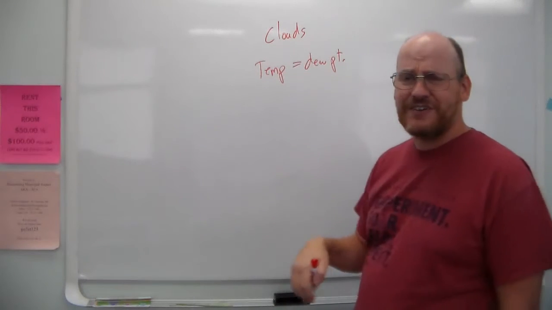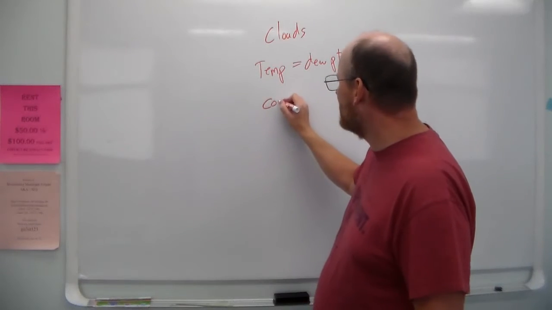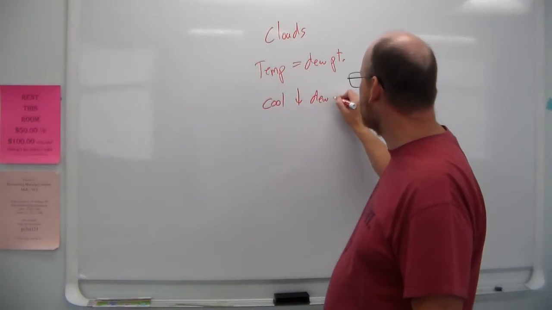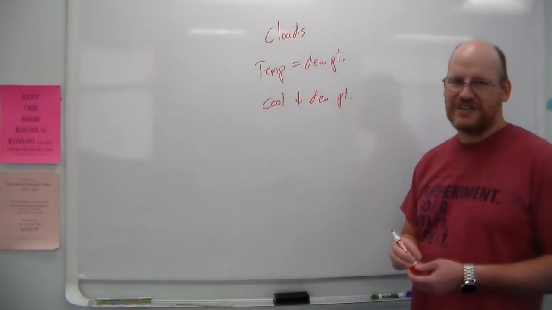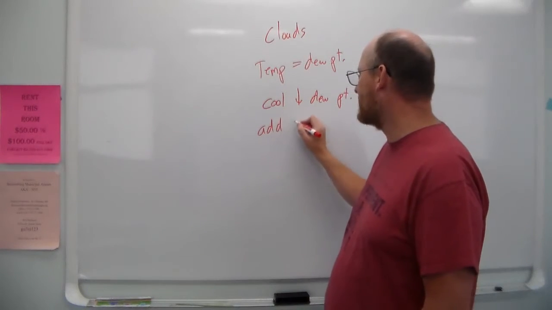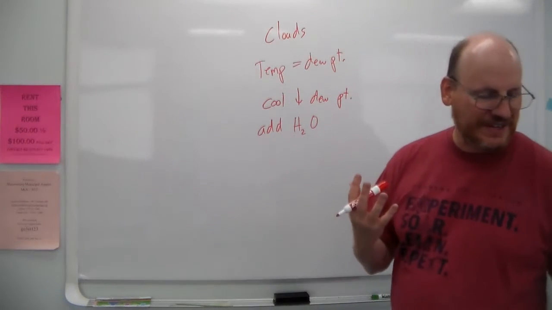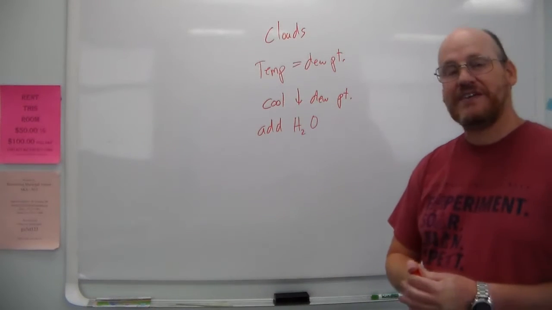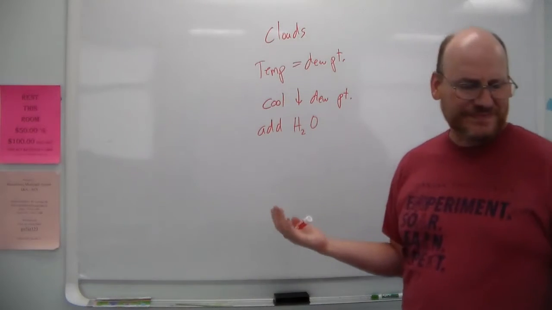So how do I get a cloud? I can either cool down to the dew point, and I get a cloud because now it's saturated, or I can add water to saturate the air. If either of those two things happens, now I'm going to have a cloud. It's that simple.